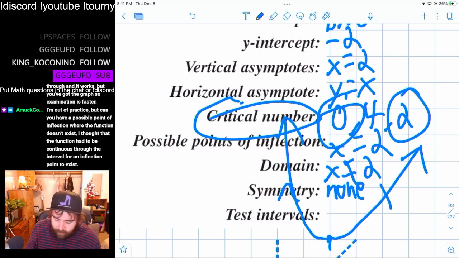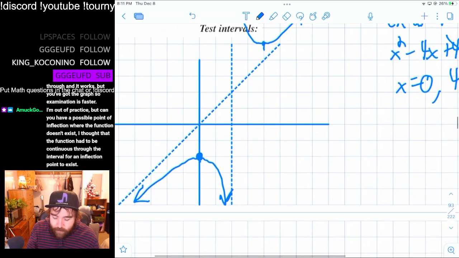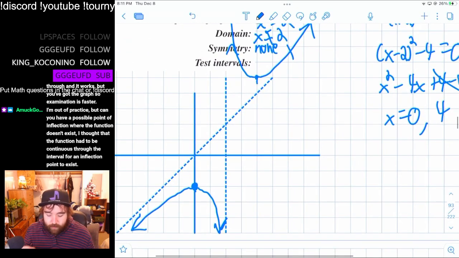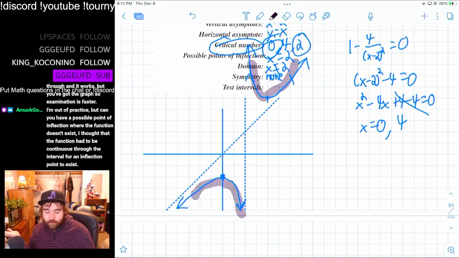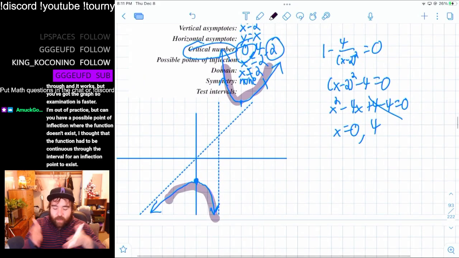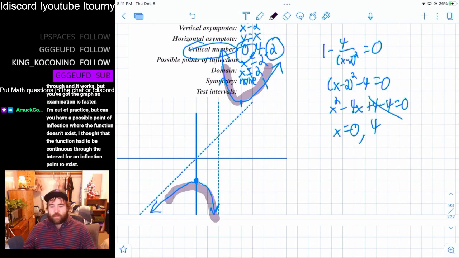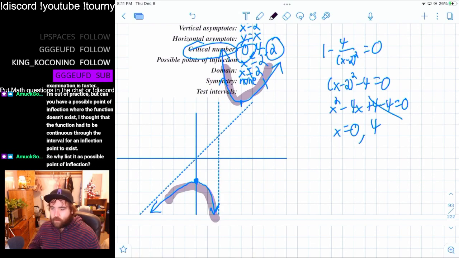So no, you definitely can't have a point of inflection at x equals 2 because there's no points there, but it does change concavity there. And so if you were lining up one of those number lines to check concavity, you would want to check on either side of 2 because the concavity is going to be different on either side of 2. So why list it as a possible point of inflection? Because I just want to go back and remember, those are the points you're going to have to check.